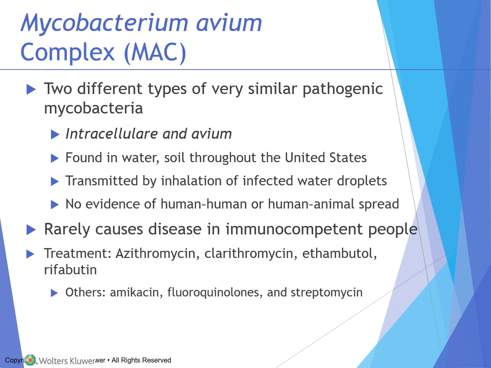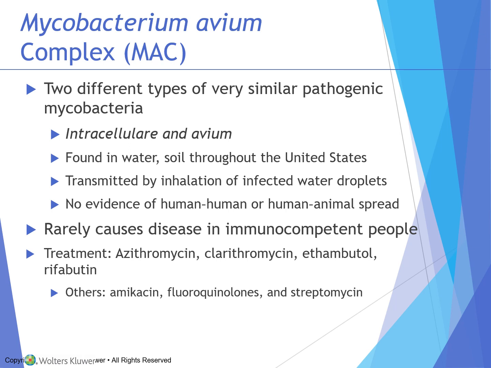Okay, so let's talk briefly about Mycobacterium avium complex. These are 2 different types of very similar pathogenic mycobacteria, Mycobacterium intracellulare and Mycobacterium avium. It is mainly found in water and soil throughout the United States, and it is transmitted by inhalation of infected water droplets.